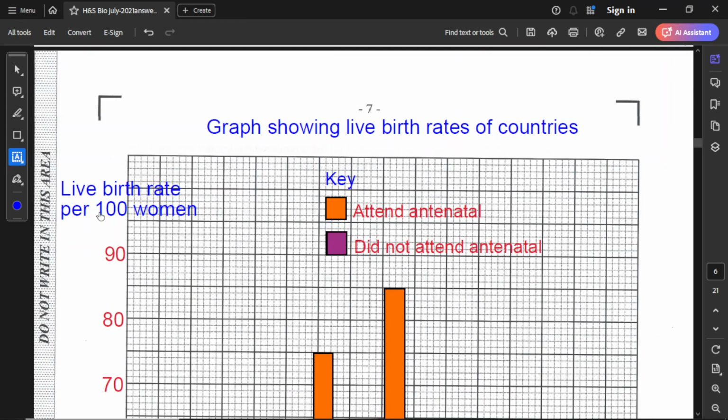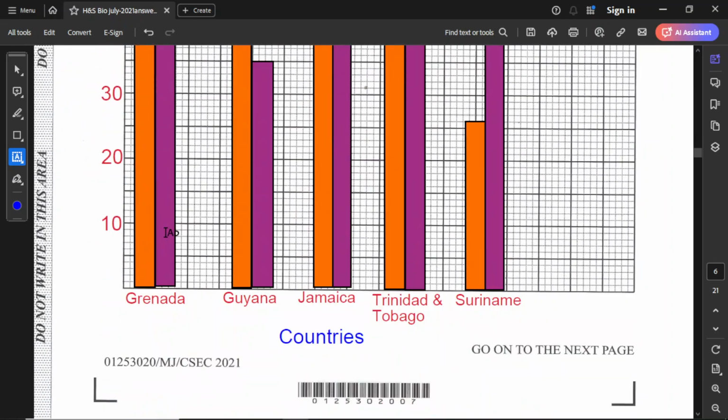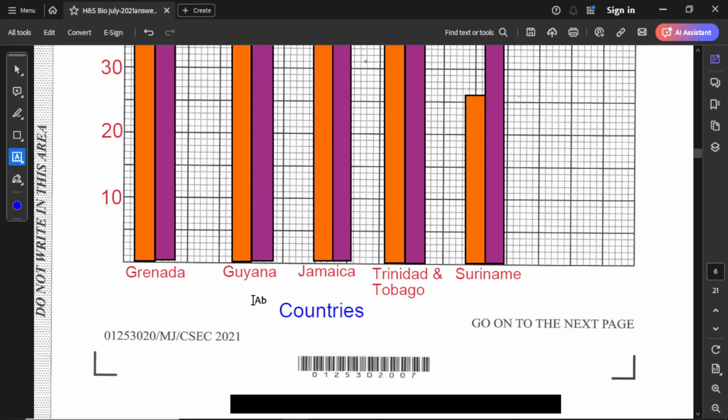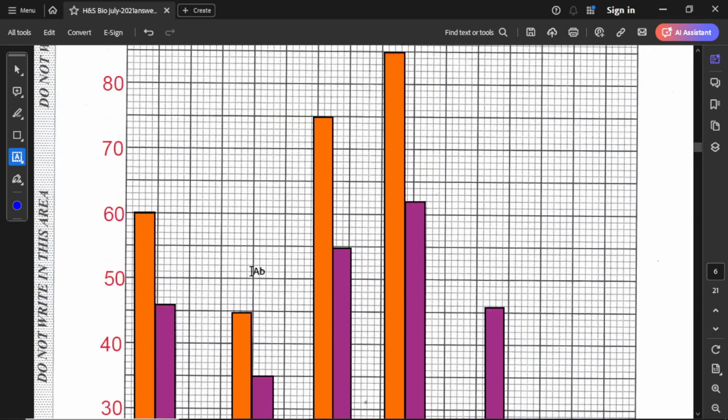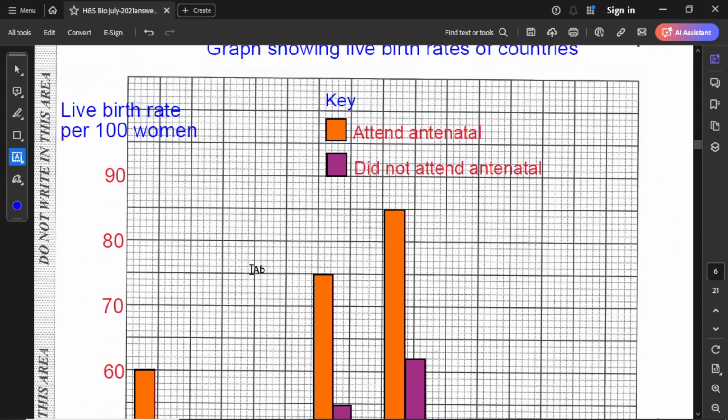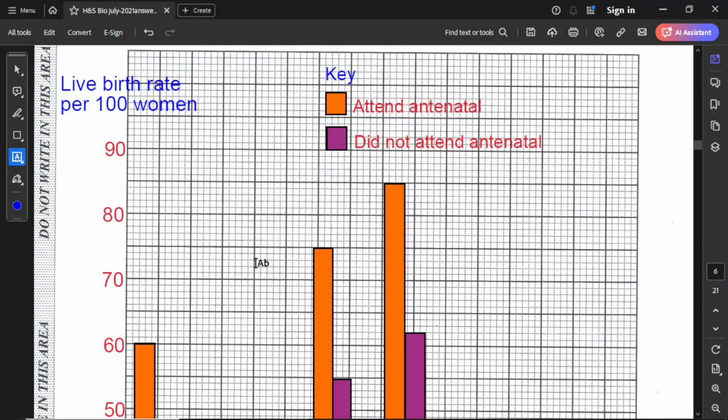Your y-axis is your dependent variable, and for this one, it is the live birth rate per 100 women. All right, that's on the y, and your independent variable will be your countries, and you label that on the x-axis. Again, if you're doing bar graphs, especially with 2 different sets of data, then it's also best to give a key.